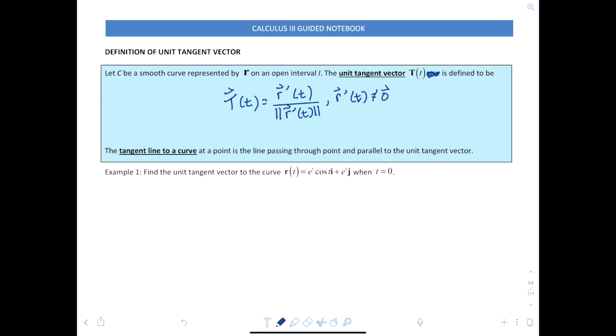That's from the definition of a smooth curve. Okay. So the tangent line to a curve at a point is the line passing through the point and parallel to the unit tangent vector.